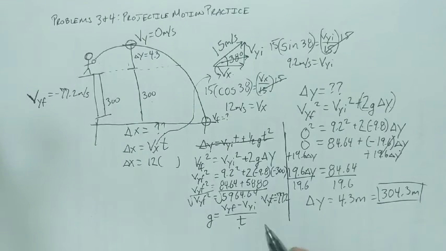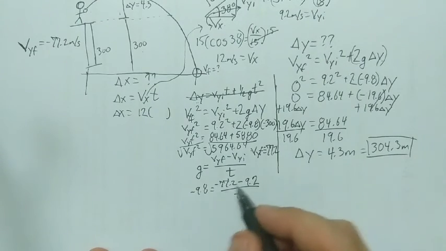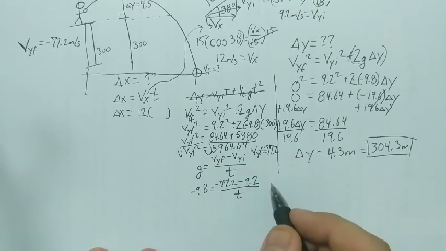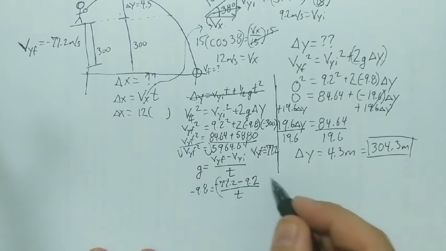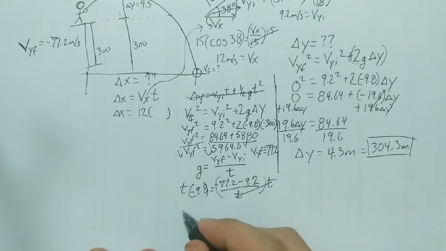All right. Final step, solve for time. So, g is negative 9.8. My Vyf, negative 77.2. My Vyi, that was 9.2. All that over time. I am going to do a little rearranging. I can combine some terms up there, but I also need to multiply by t to get rid of my fraction.